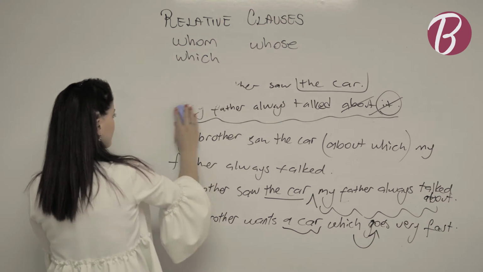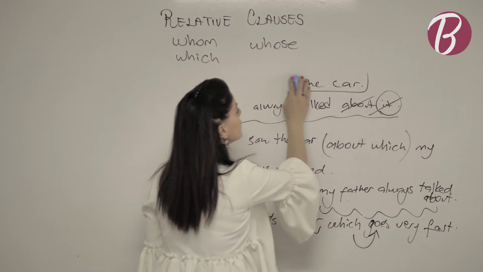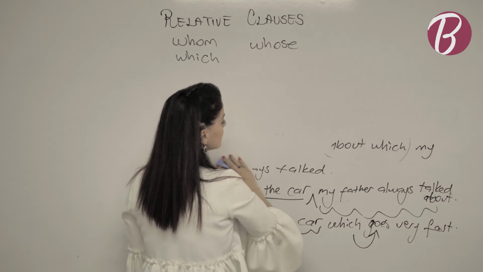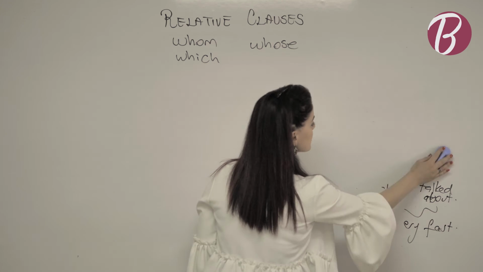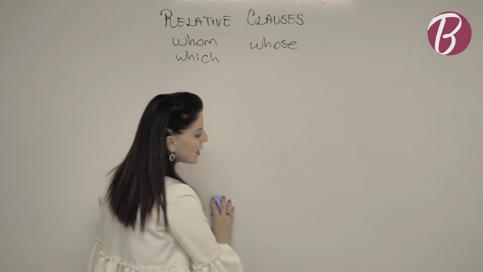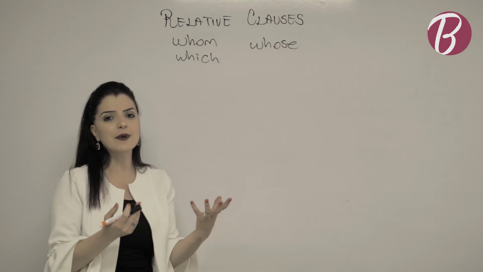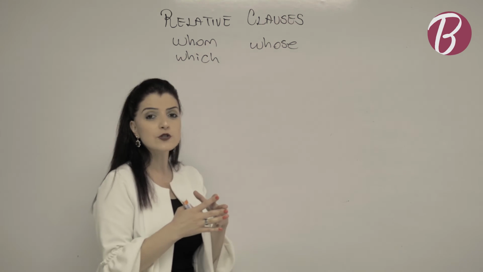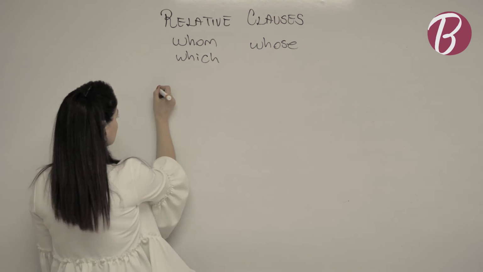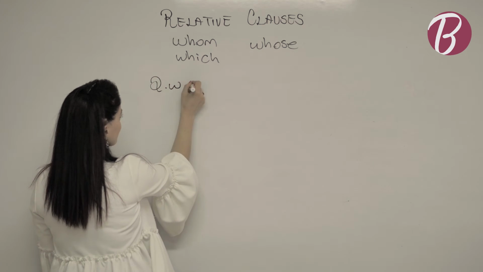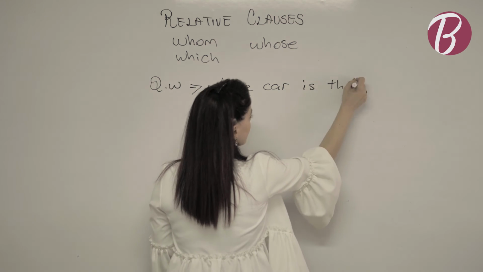Let's see. As you can imagine, as you can guess, whose is normally a question word, and with this question word, we all the time ask about possessiveness. I mean, what belongs to you? For example, normally you say as a question word, whose car is that?